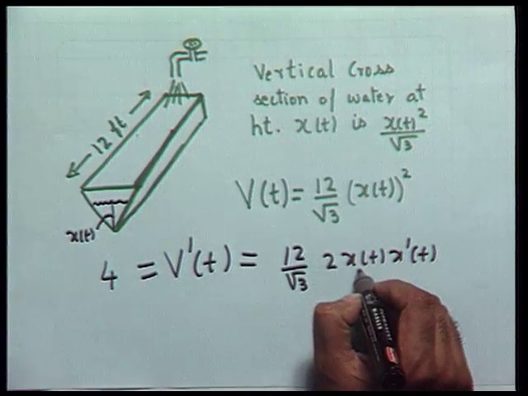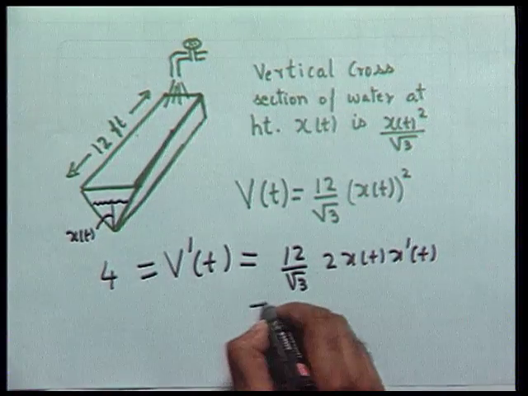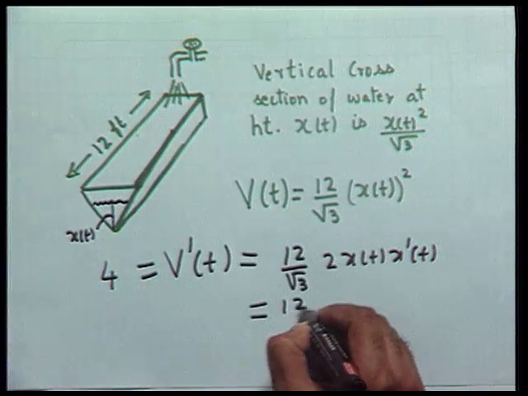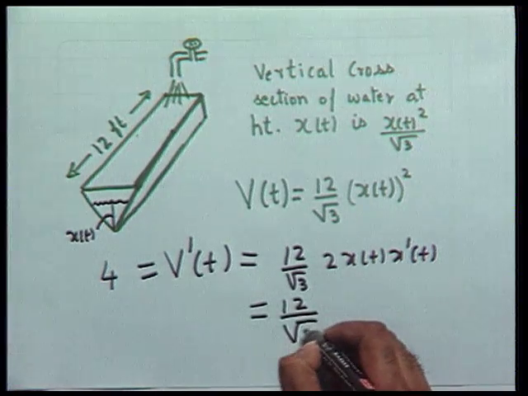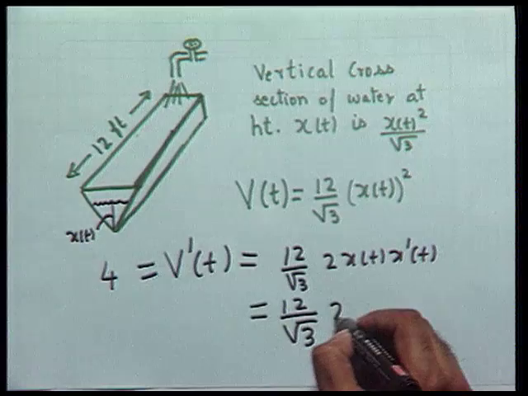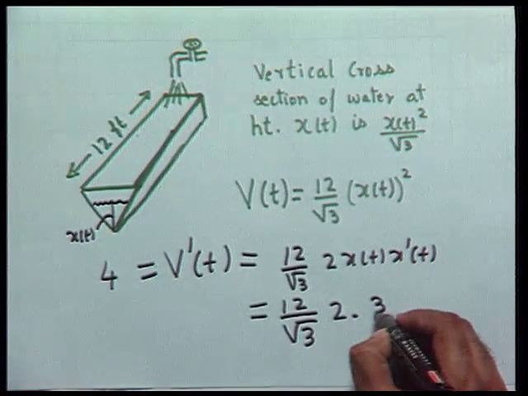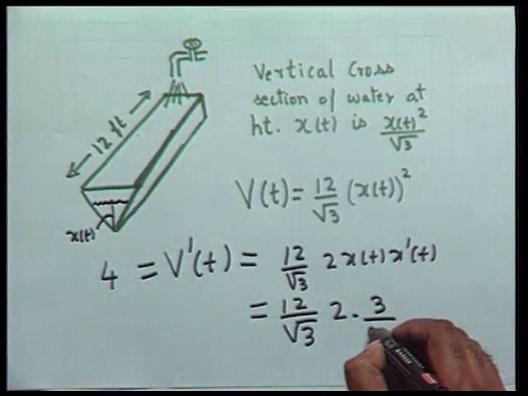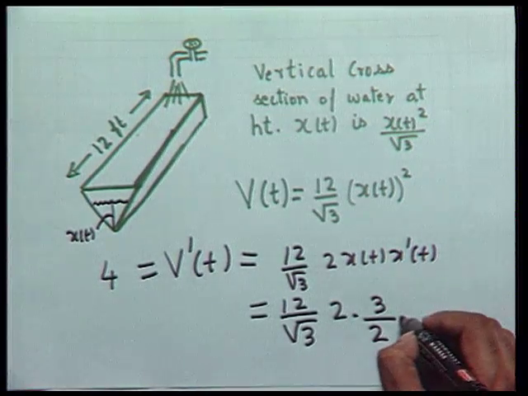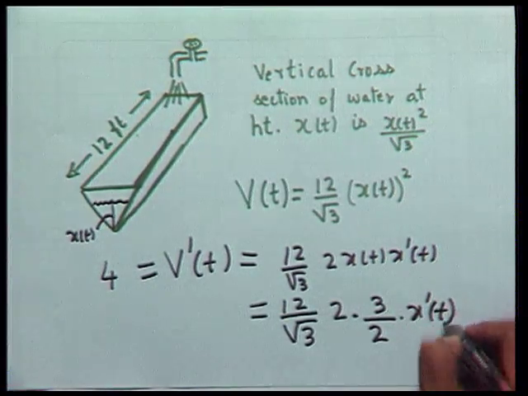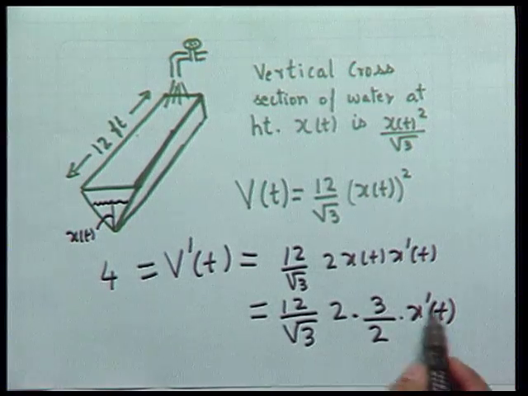So, when x(t) is equal to 1.5 feet, that is going to be equal to 12 by root 3 into 3 upon 2 into x prime t. You can surely solve this equation.